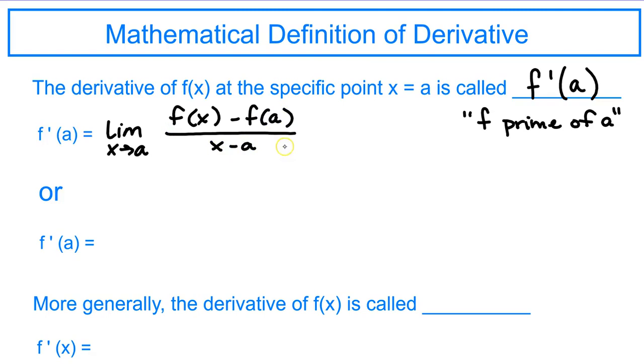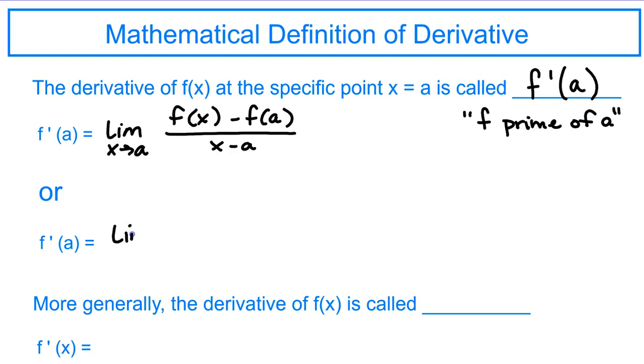So the quotient itself is the slope of the secant line, but when you take the limit of that slope as x approaches a and those 2 points get infinitely close together, that gives you the slope of the tangent line. We also learned a different definition for it.